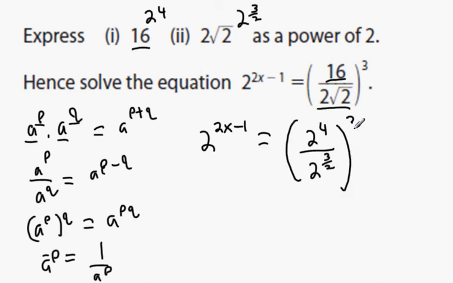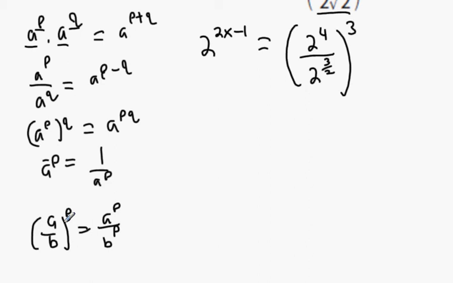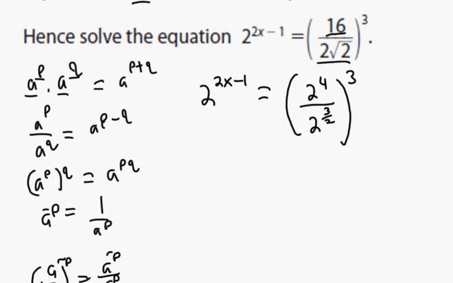Two different ways. I'm going to show you two different ways of doing the same thing. Everybody see this rule here? A over B to the power of P. Yeah? That means each one gets the power of P. Do you see the way the A ends up with the P and the B also ends up with the P?